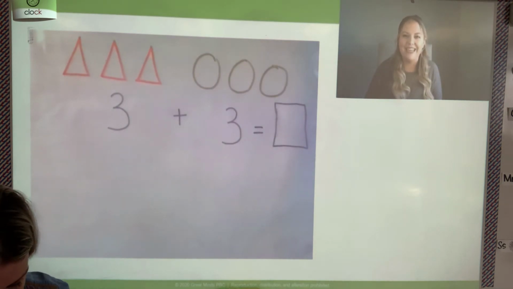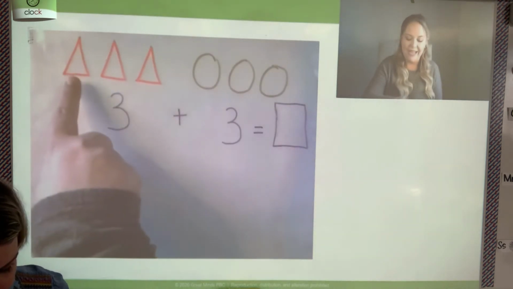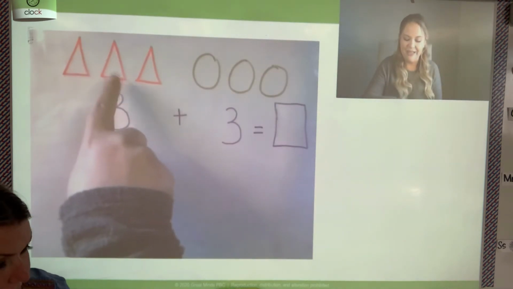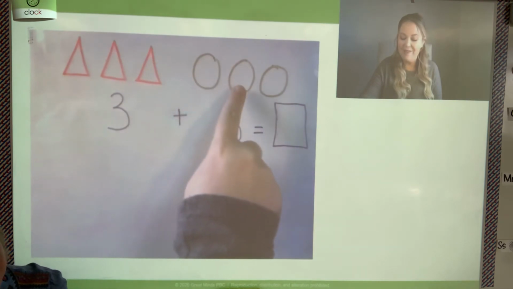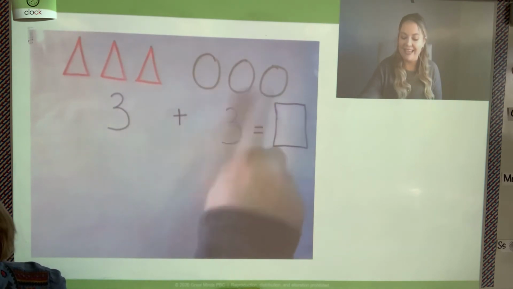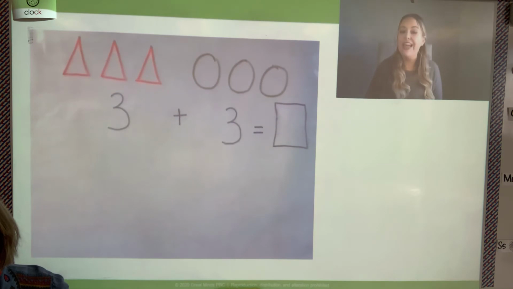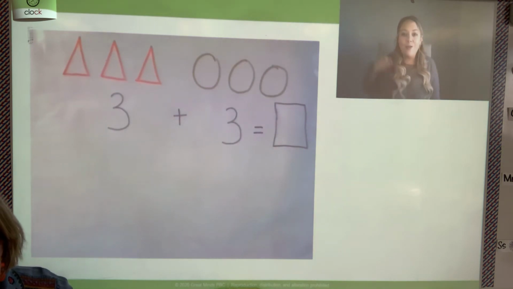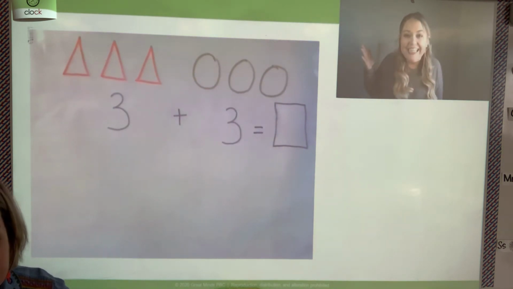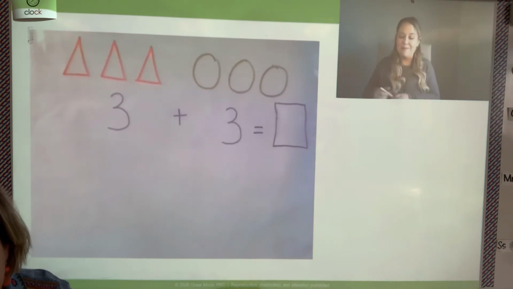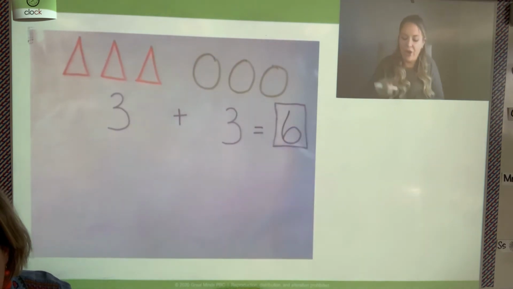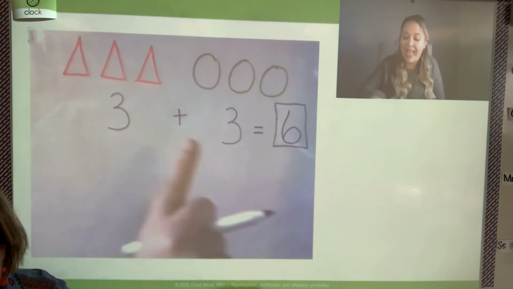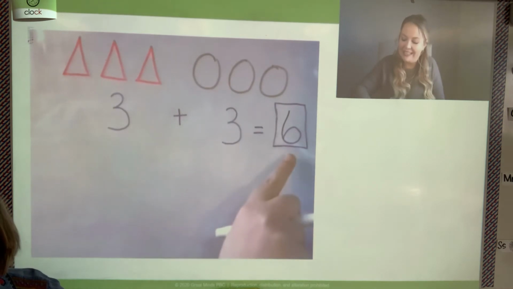Let's count them together. 1, 2, 3, 4, 5, 6. So 3 and 3 is what? 6. So we will write 6 in our mystery box because we know 3 and 3 more is 6.